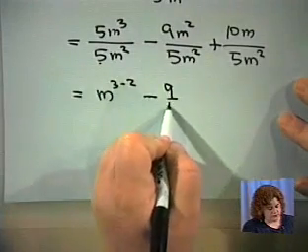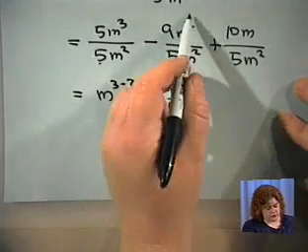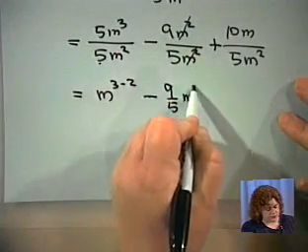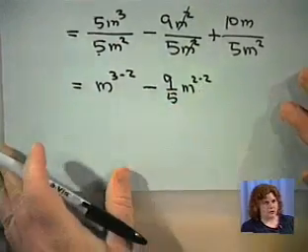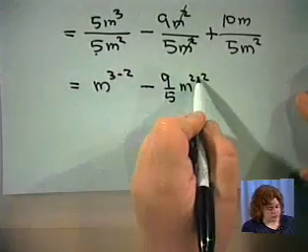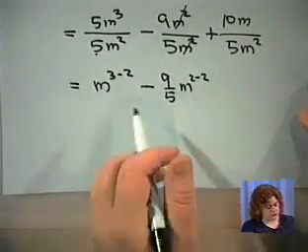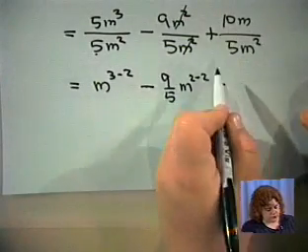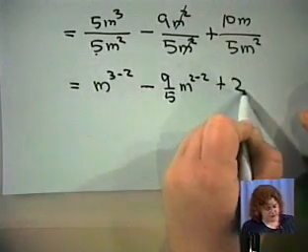minus a 9/5. Well, m squared is going to cancel m squared, or if you prefer, just to remind you, I'll write out the quotient rule. We'll use the definition of a 0 power. And 10 divided by 5 is 2.